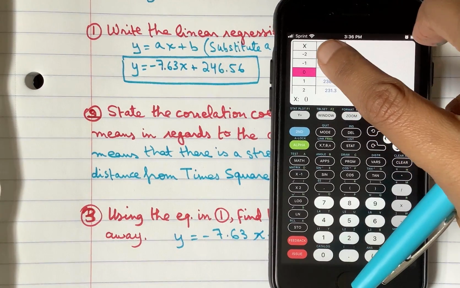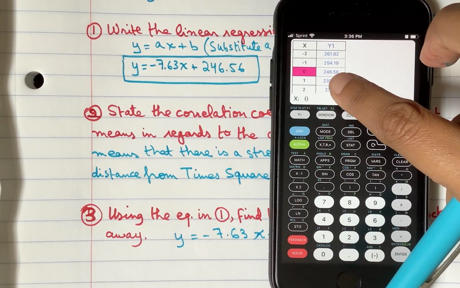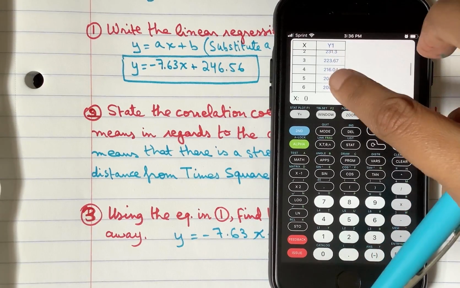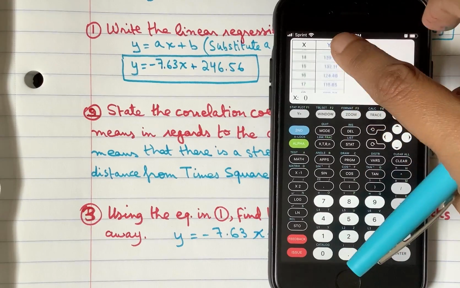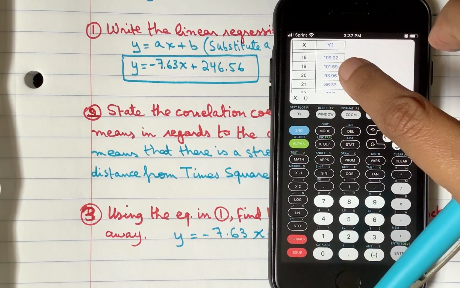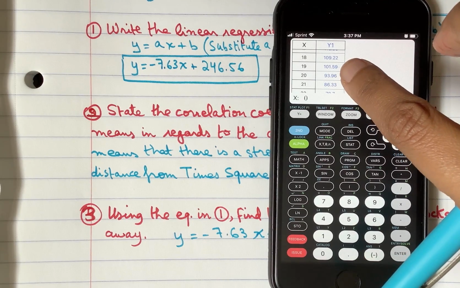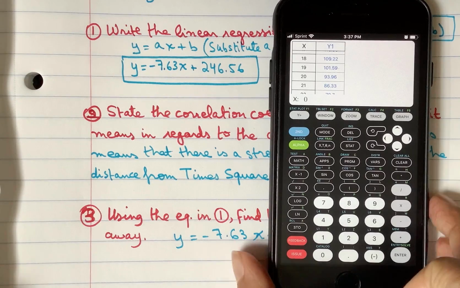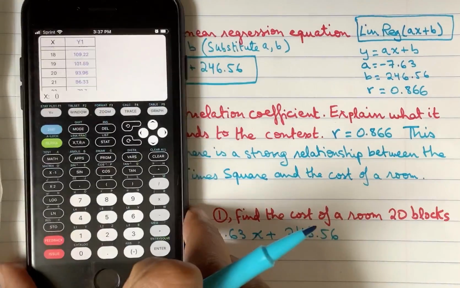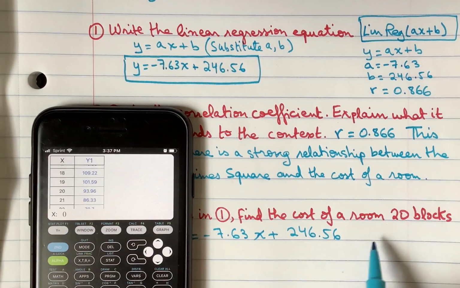I have my x values here and the y values here. I'm looking for when my x value is 20, so scroll all the way up to where you see x value is 20. When my x value is 20, I'll end up paying $93.96. So you've got to write that down. You're going to say find the cost of a room 20 blocks away.